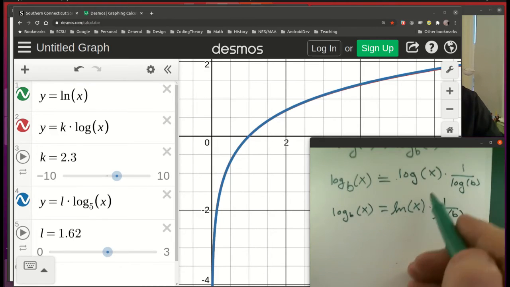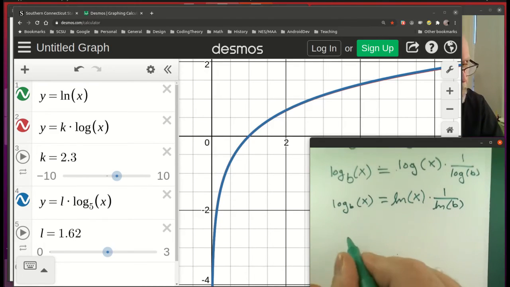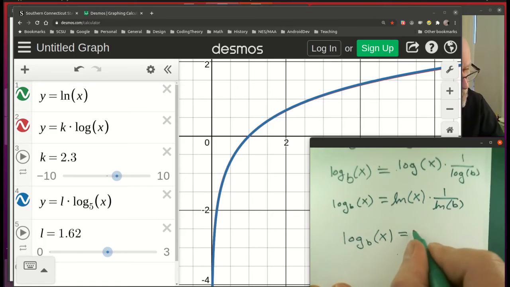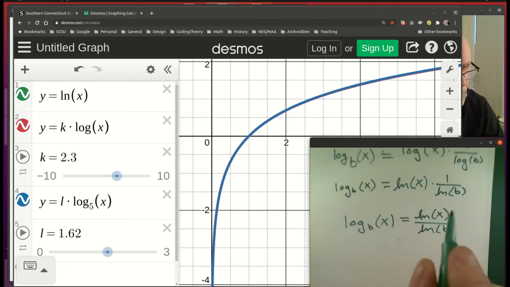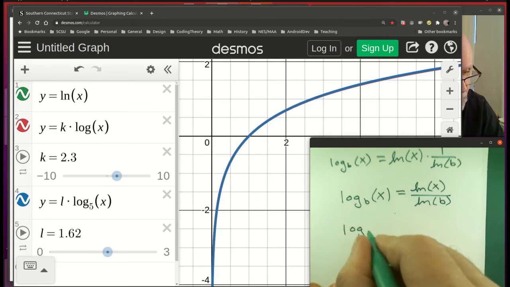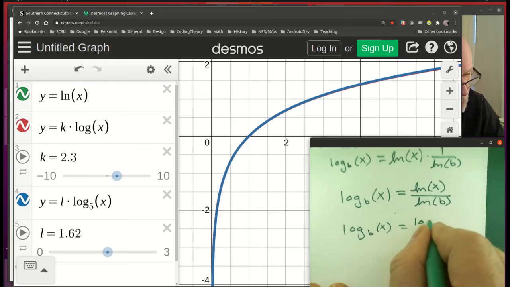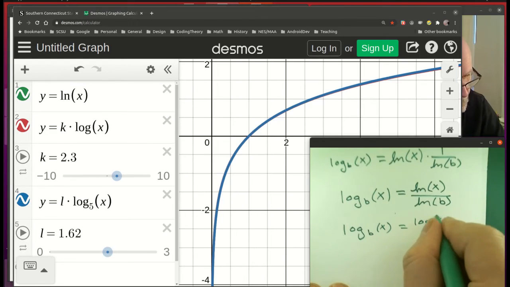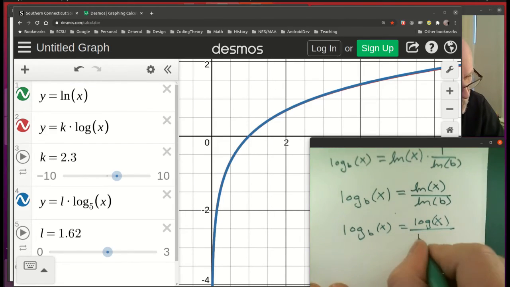Or stating both of these a little more succinctly, if I want logarithm to some funny base b of x, what I do is take the natural log of x and divide by the natural log of the base. And similarly, if I want to get this using base 10 log, well, take the log and divide it by the log of the base.